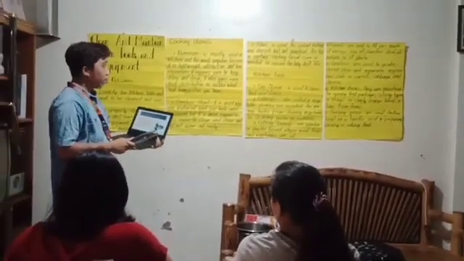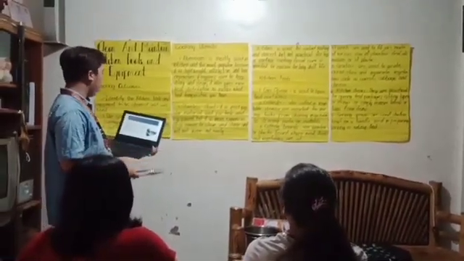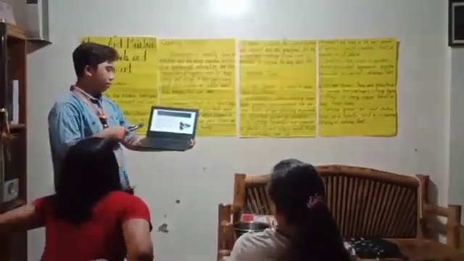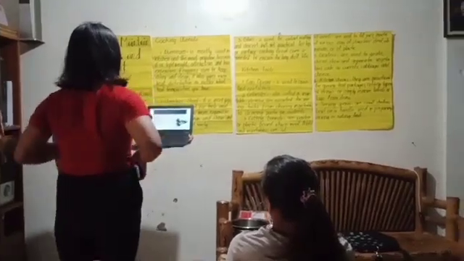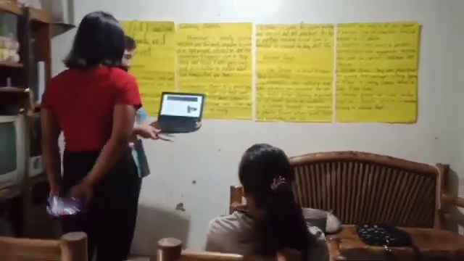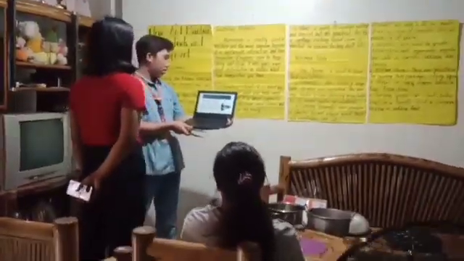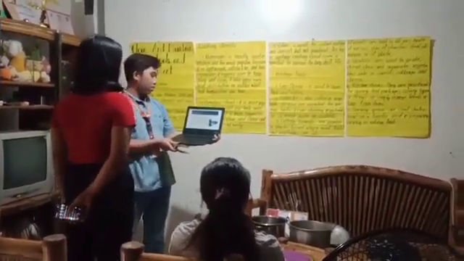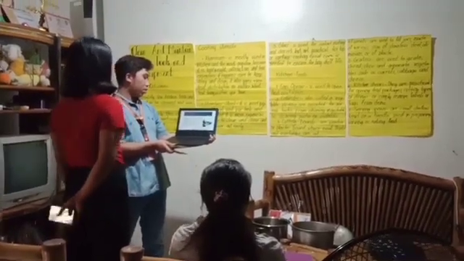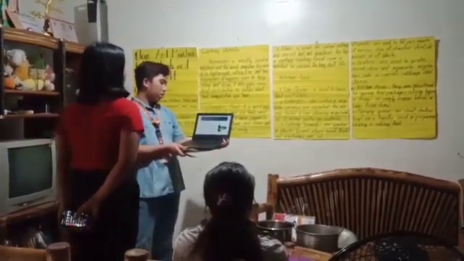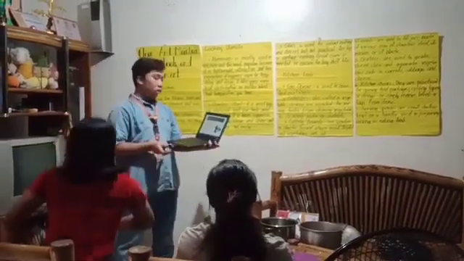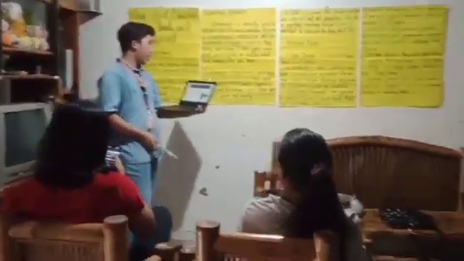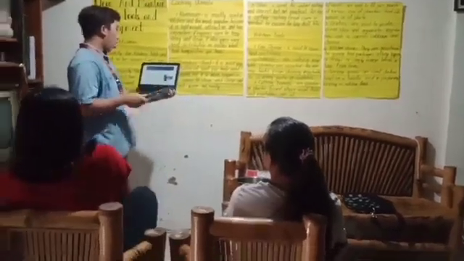Number 9, we have the spoon. Can you please read? Spoons are solid, slotted, or perforated, which are made of stainless steel or plastic.